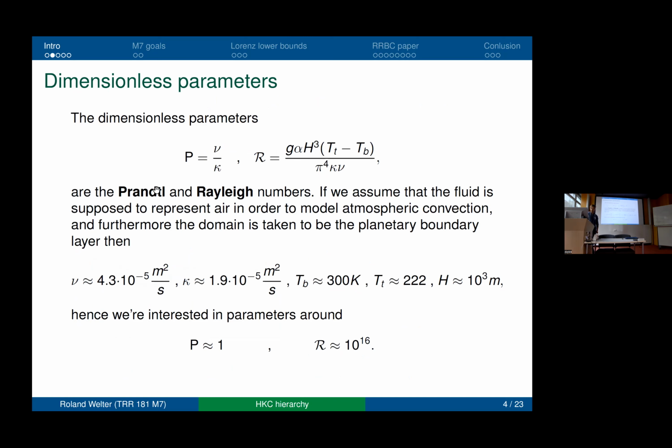The first is the Prandtl number, which is the viscosity over thermal conductivity. And this describes what fluid it is that you're modeling. So for air, if you take some typical values, it should be Prandtl around 1. And the other is the Rayleigh number, which measures the applied thermal forces.